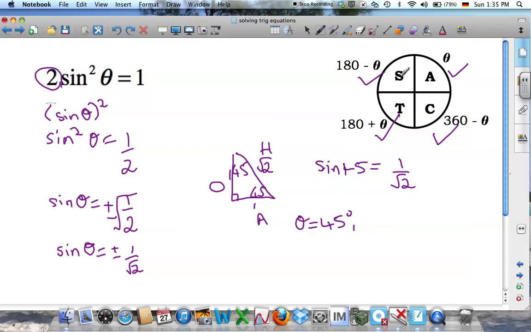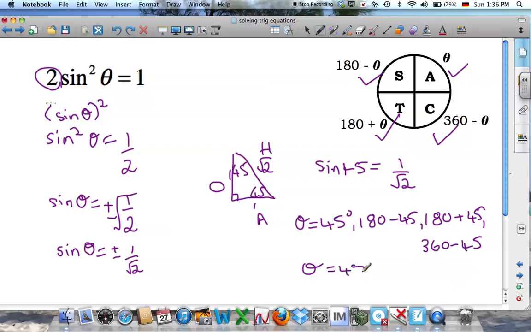Then I actually need the answer in the second quadrant. So I know in the second quadrant I do 180 minus 45. I need the answer in the third quadrant, so I know I do 180 plus 45. And the last one, I need 360 minus 45. And then the last step, just tidy that up.